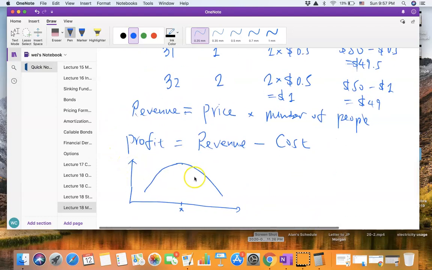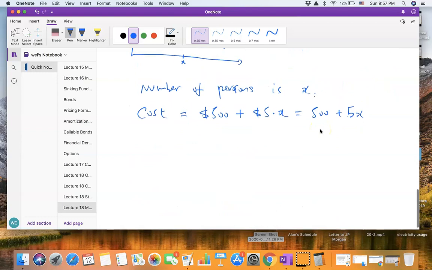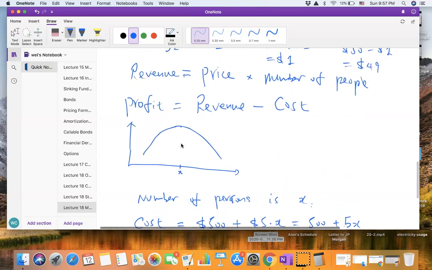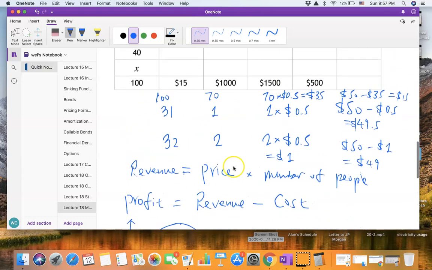And next, we need to figure out how to write the revenue in terms of x, because the revenue equals the price times the number of people. So now we need to think about how to write the price in terms of x. Let's review how the number of people relates to the price.